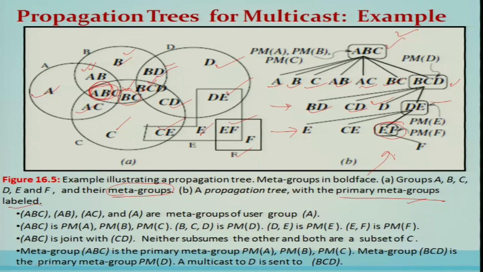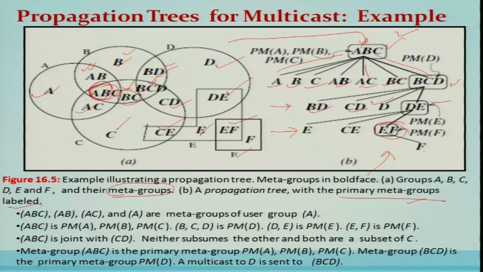Implementation of a propagation tree can now be easily handled. Once the propagation tree is there and you want to send messages in a multicast way, first the messages are sent to the primary meta group node, and that in turn will communicate to its meta groups.